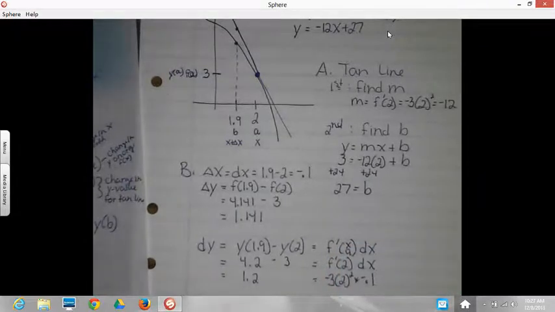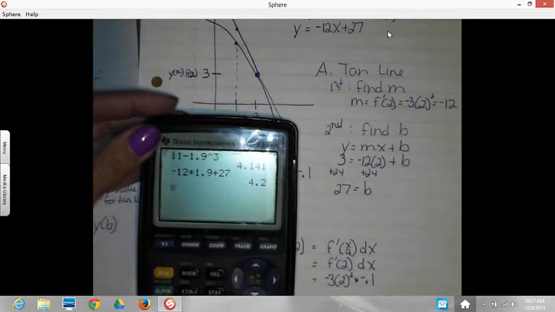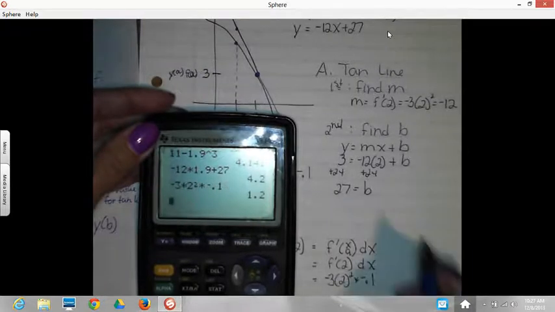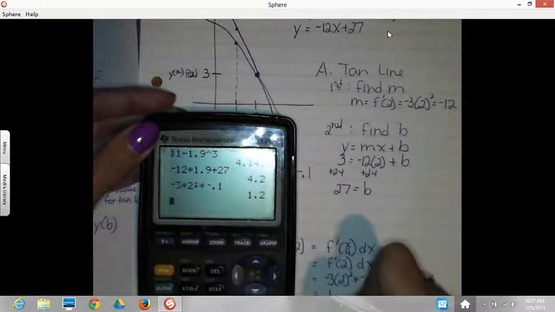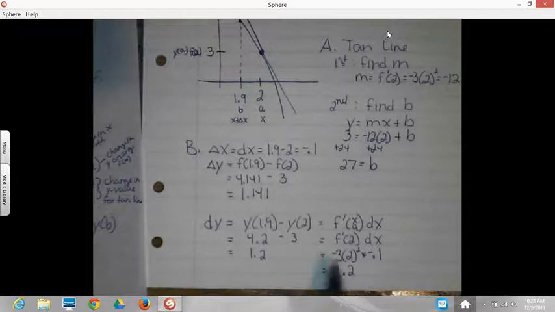And hopefully negative 3 times 2 squared, times a negative 0.1, is 1.2. I think the whole point of this section was to show this little shortcut here, so that we could avoid all of this work here.